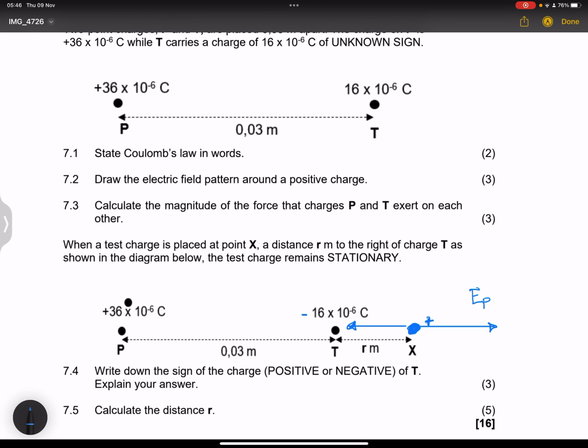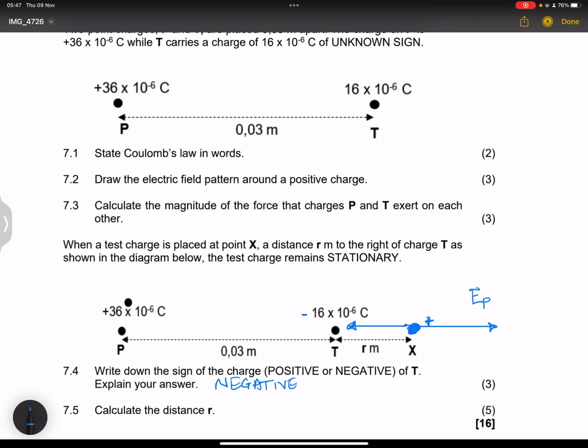Can you see that? In order for it to experience a force in that direction, T has to be a negative charge. So they say to us, write down the sign of the charge of T, and explain the answer. Definitely we've said that T has to be negative.